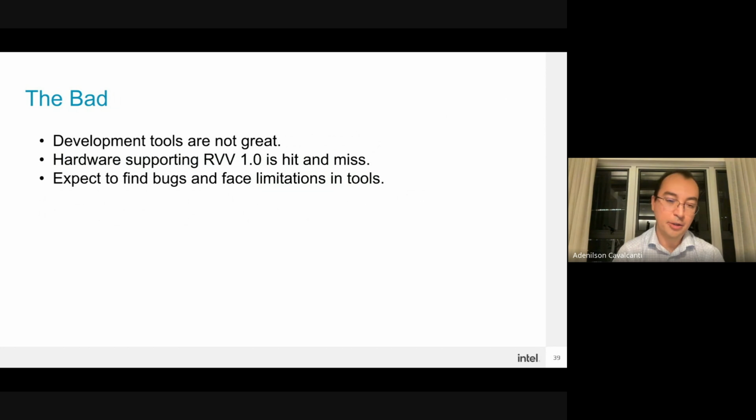Also, hardware supporting the vector extensions, RVV 1.0, is kind of hit and miss. Currently, there are only 2 RISC-V boards available that implement RVV 1.0. And last but not least, expect bugs and some limitations.